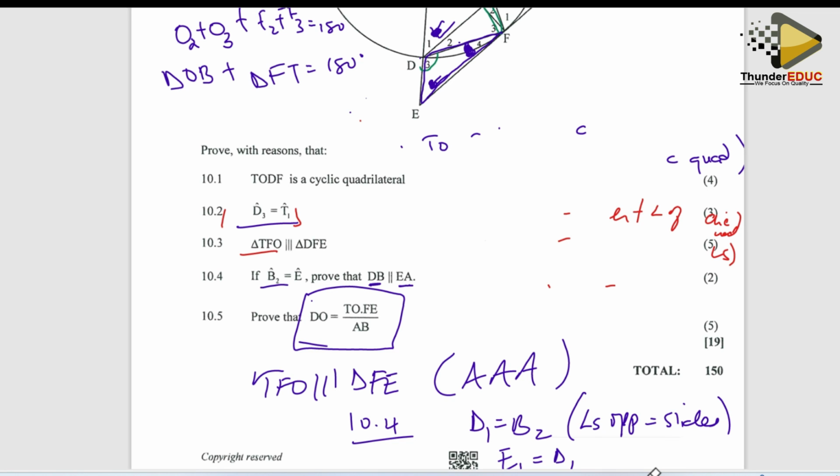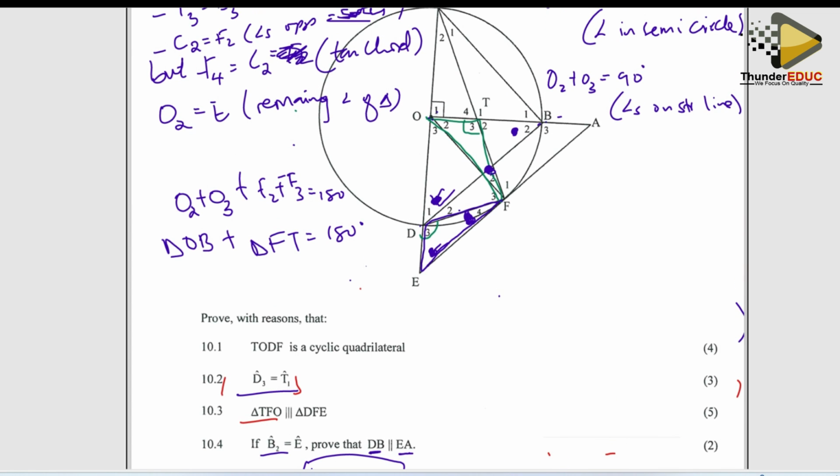Let's erase that and then finish the paper. Okay, so what we're going to do? I'll start by comparing the sides of the similar triangles.